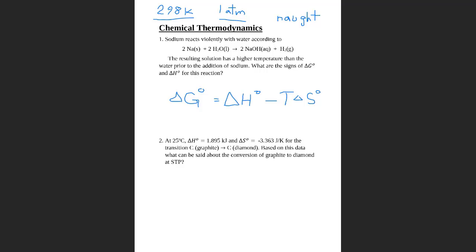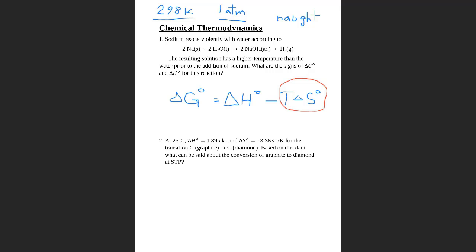So if delta S is positive, what can you tell me about this term here? About temperature.